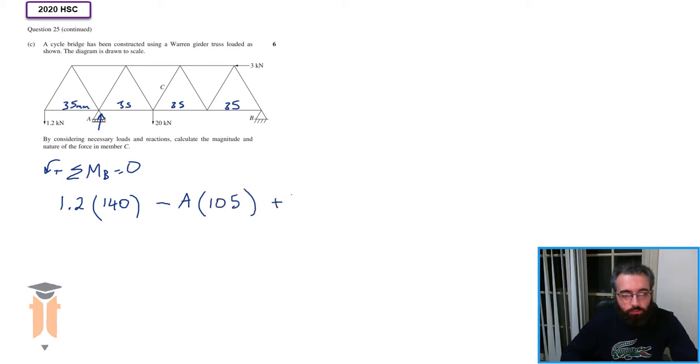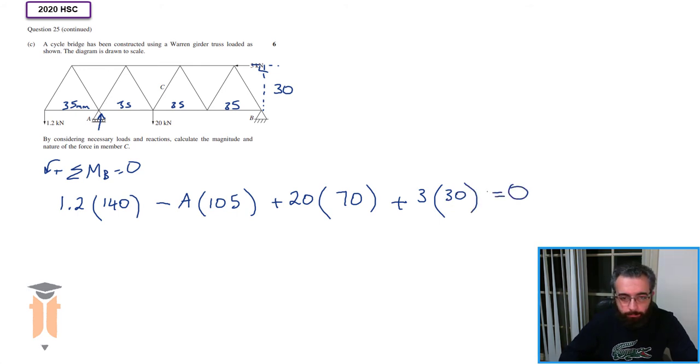Plus I've got the 20 now, which is going in an anti-clockwise direction, times the distance to B, which is 70. And then I've got the 3 kilonewton at the top, which is also going in an anti-clockwise direction, times the distance. So I need to measure this perpendicular distance here, which happens to be 30 millimeters. So 3 times 30. And that's equal to 0.